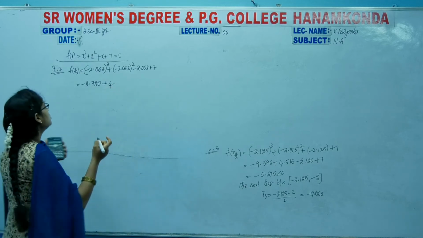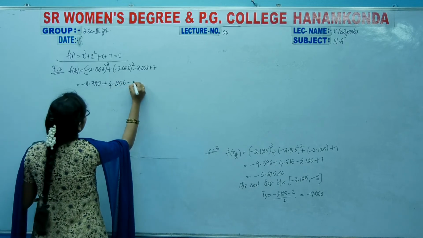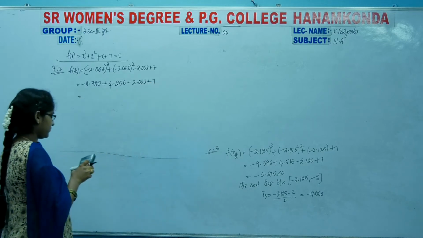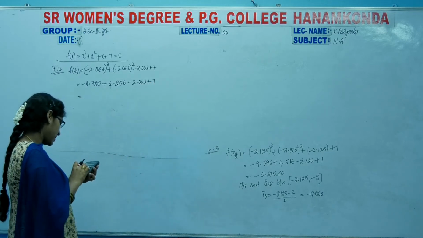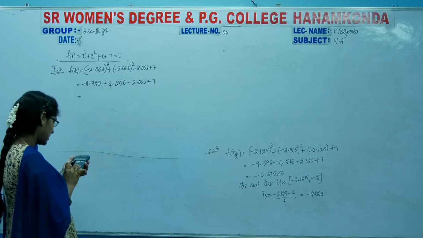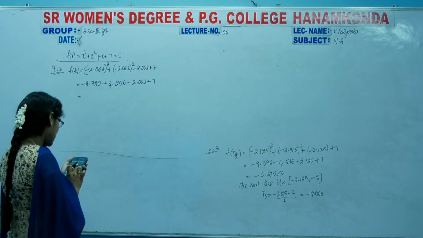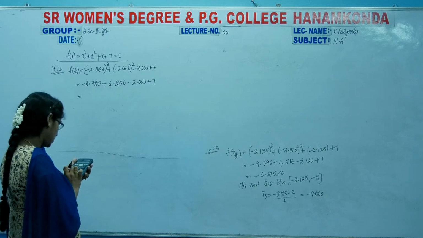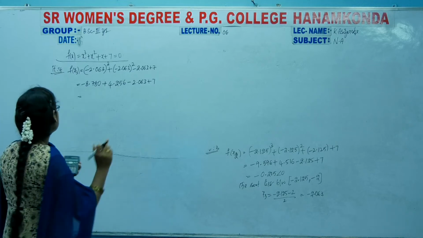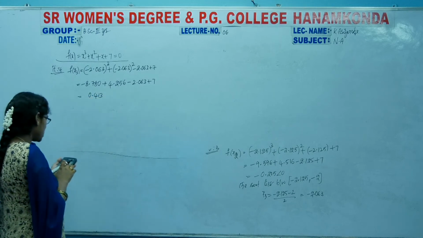Up to 3 decimals means 4.256. Now here I am taking minus 8.780 plus 4.256 minus 2.063 plus 7. So it is 0.413. So observe, this is positive.